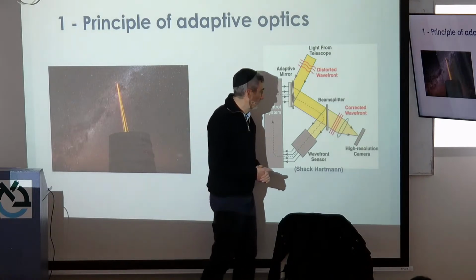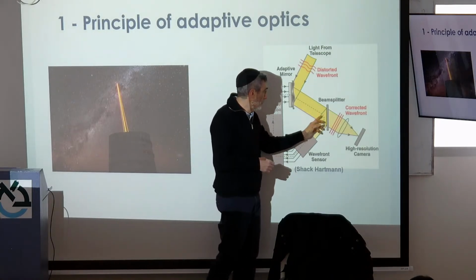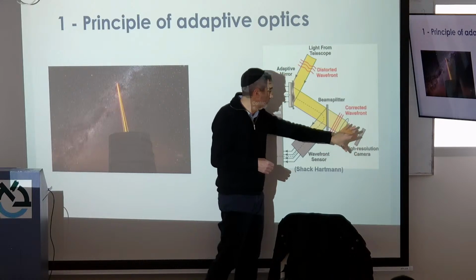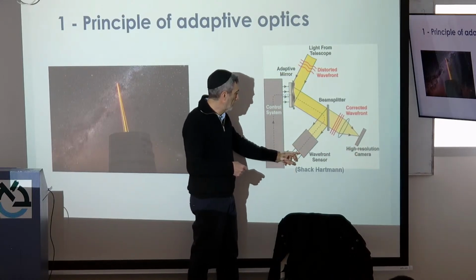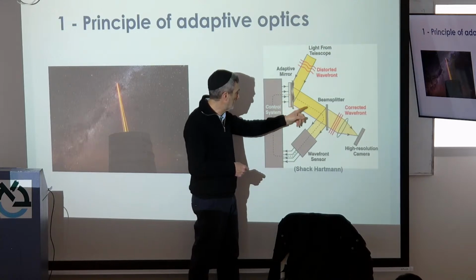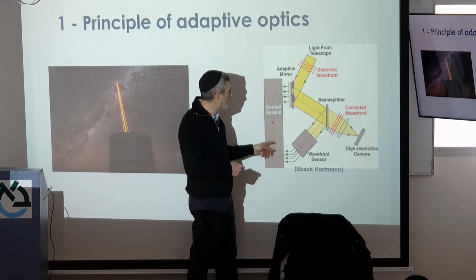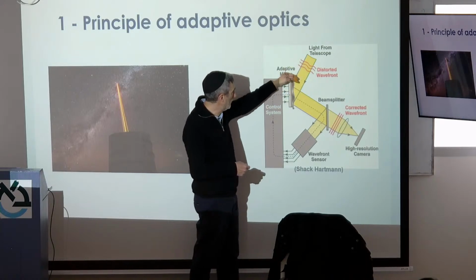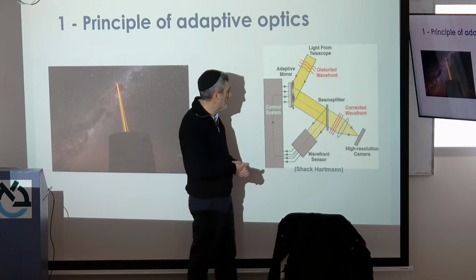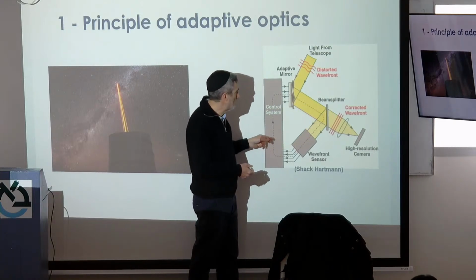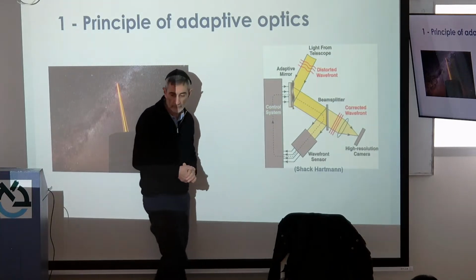You have your camera where you do the imaging, and you have a reference that will sense the image and correct the incoming wavefront by adapting the mirror itself, to optimize the image, to clarify the image.